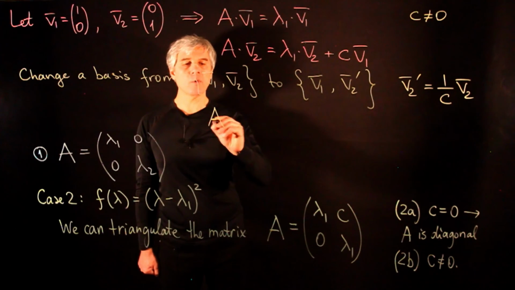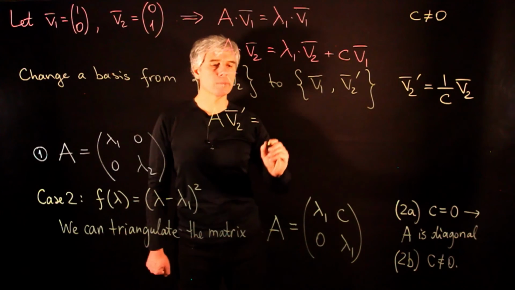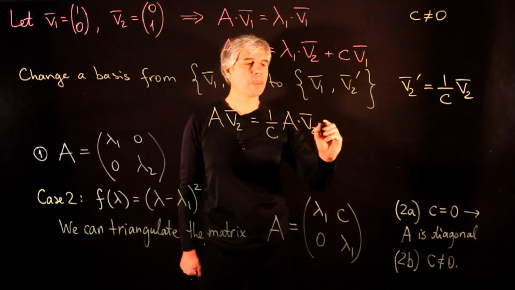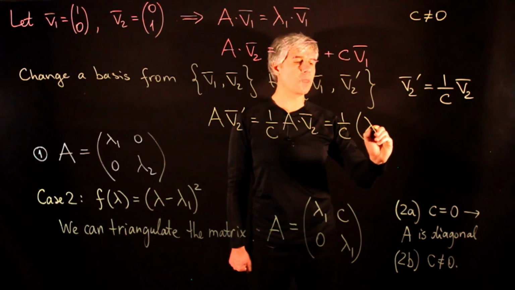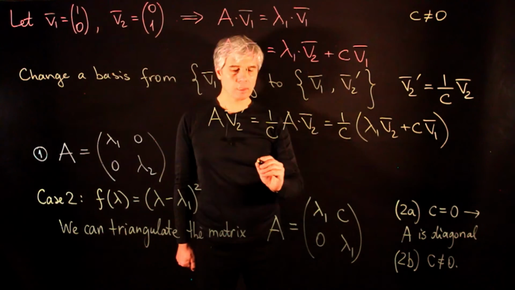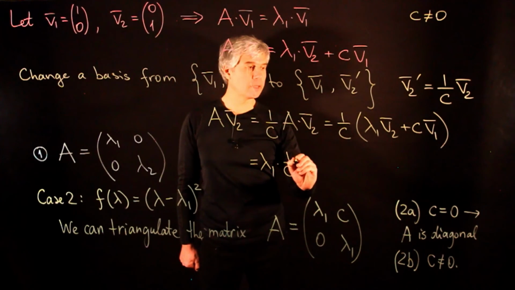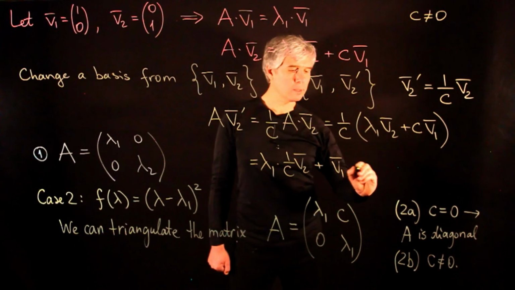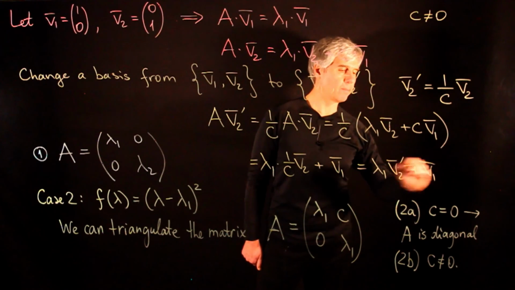Let us see how our operator acts on the new vector v2 prime. So this will be 1 over c times A applied to v2. And this is 1 over c times lambda 1 v2 plus c times v1. This is equal to lambda 1 times 1 over c v2 plus v1, or lambda 1 times v2 prime plus v1.